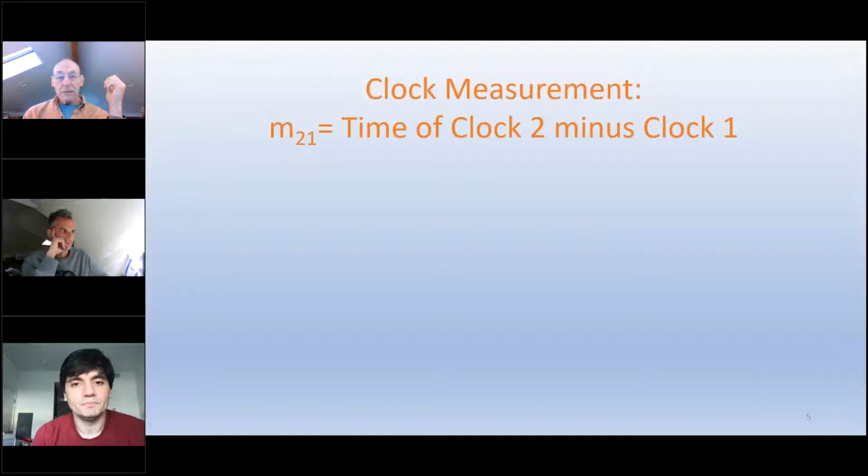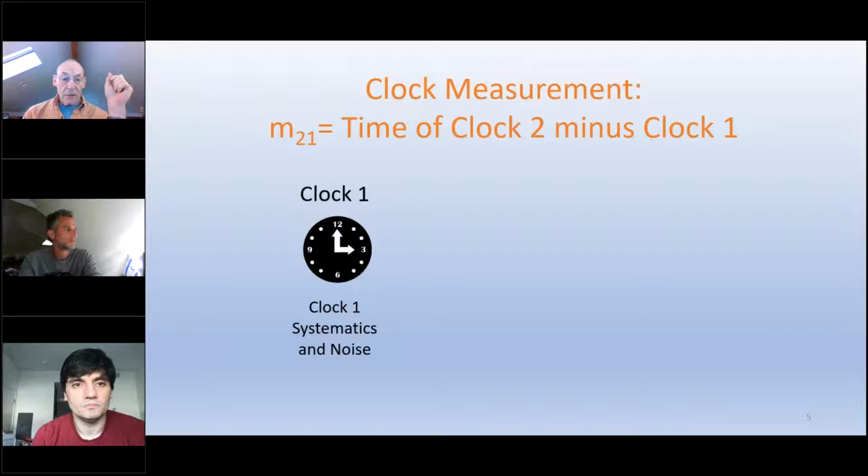Okay, so here's what we mean by measurement. You get the time of clock 2 minus the time of clock 1. And when you do that, you've got one clock, and that clock has its own systematic offsets from an ideal performing clock and stochastic or noise or random effects from an ideal performing clock. This is the stuff I talked about last time.